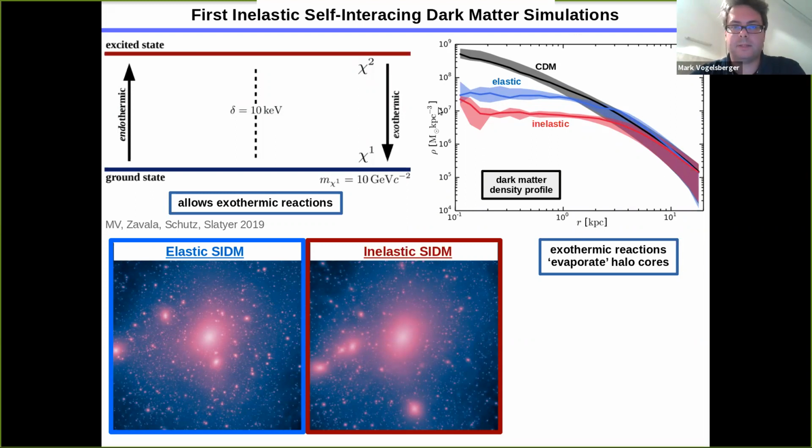You get these exothermic reactions, an injection of energy into the halo centers, and this drives dark matter particles out, in addition to what you typically already observe through the heat transfer in elastic SIDM models. This is an effect that you only get in these inelastic models.